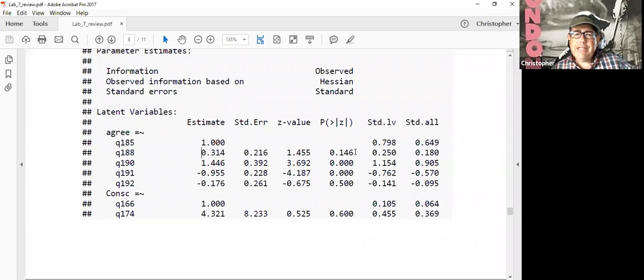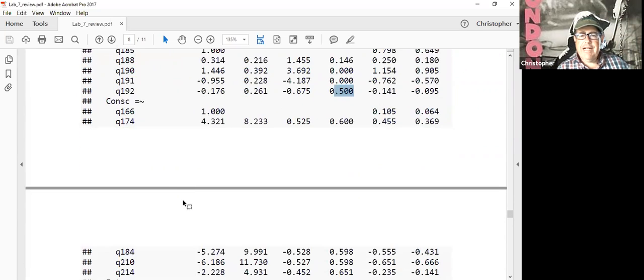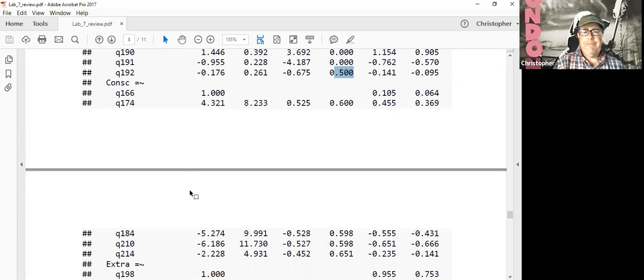If we look at some of these, and we can just look at the probabilities here, we see, well, question 188, we believe that was supposed to be part of agreeableness, but it's not even significant here. Similarly, 192, not even significant. When we get down to conscientiousness, we see that none of the variables that we're supposed to associate with it were actually statistically significant.